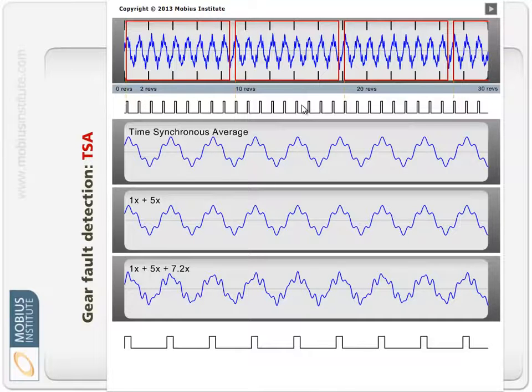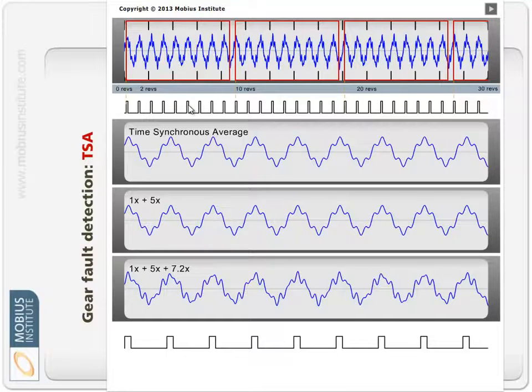What it basically does is it says, okay, this is the once per rev of the input shaft, and I know that the intermediate shaft speed is 4.67 times that speed, or it might be at a lower speed. Whatever it is, you tell the tracking ratio synthesizer or the analyzer what that ratio is. And it synthesizes the tack signal that would have come from that intermediate or output shaft. So it's creating the tack signal that you are unable to measure.